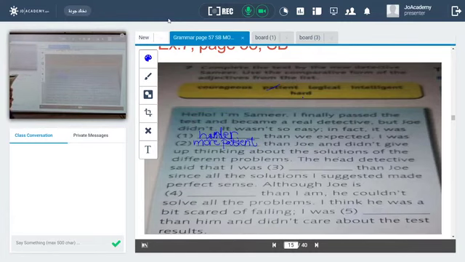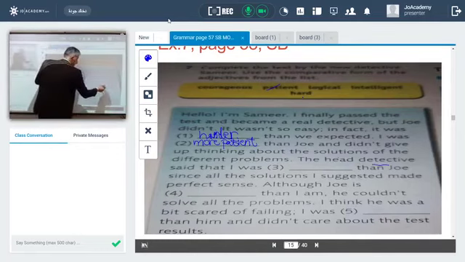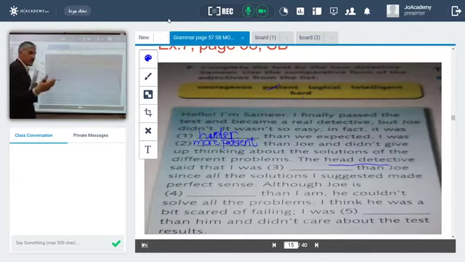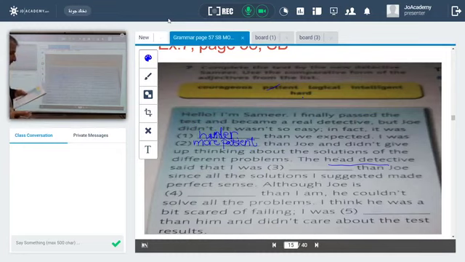The head detective said that I was the boss, the head detective, means رئيس. The head detective said that I was blank than Joe, since all the solutions I suggested made perfect sense. So the boss told Samir that he was what?